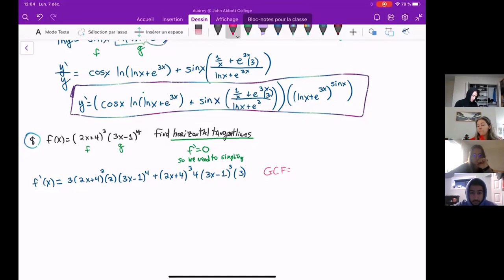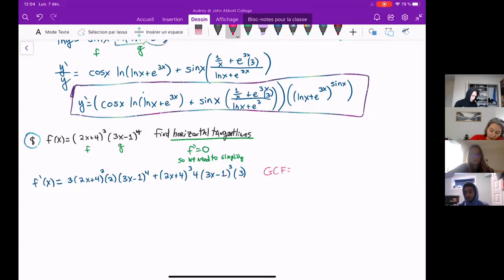There shouldn't be any pluses or minuses in the greatest common factor. It's all multiplication. All right, good job, guys. A lot of you have it here.